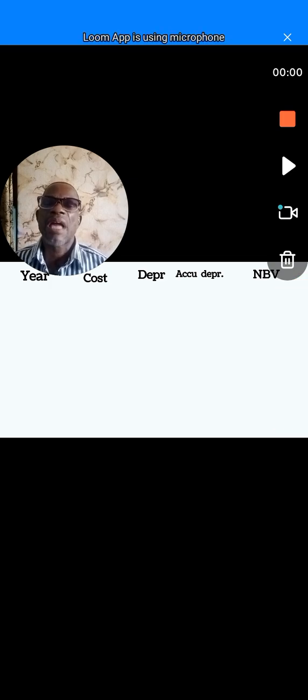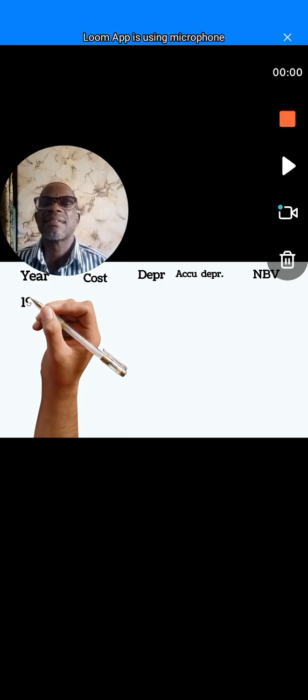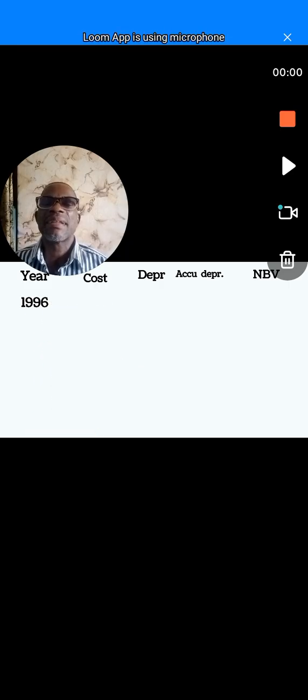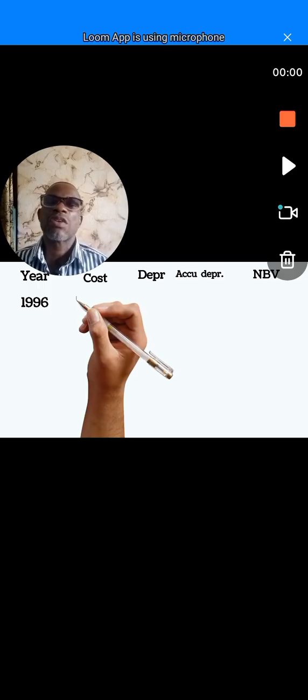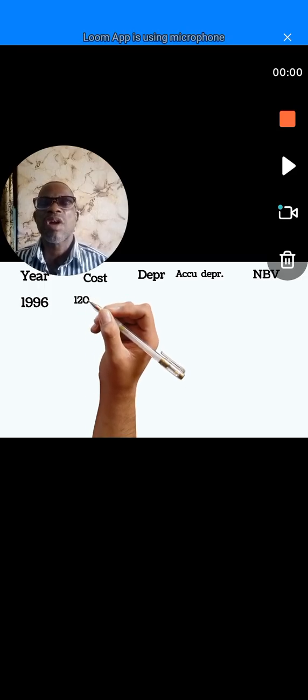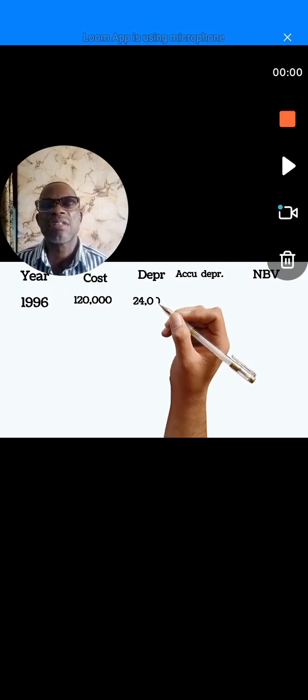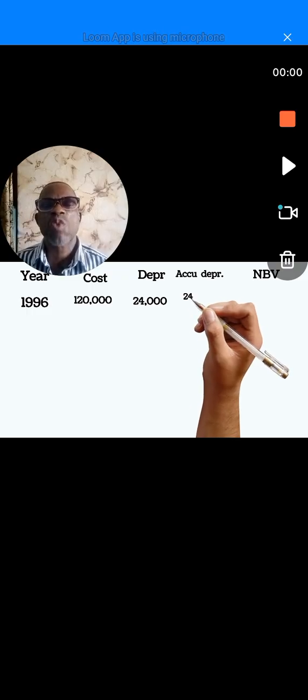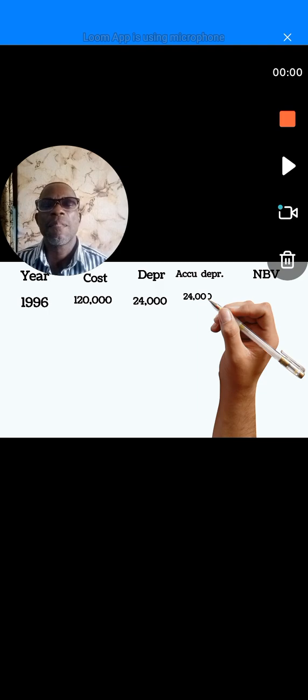Now, the first year is 1996. The cost of the non-current asset is 120,000 pounds, and depreciation already calculated is 24,000 pounds. Then the accumulated depreciation for the first year is 24,000, and the net book value for the first year is 120,000 minus 24,000, which is 96,000.